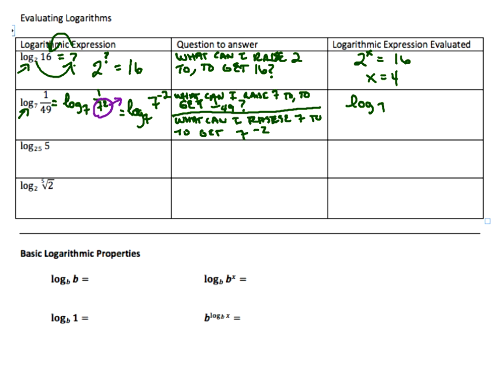Okay, so we have log base 7 of 7 to the negative second power equaling something. And the only thing that I can raise 7 to, to get 7 to the negative second power, is negative 2. So I would have to raise 7 to the negative second power to get 7 to the negative second power.